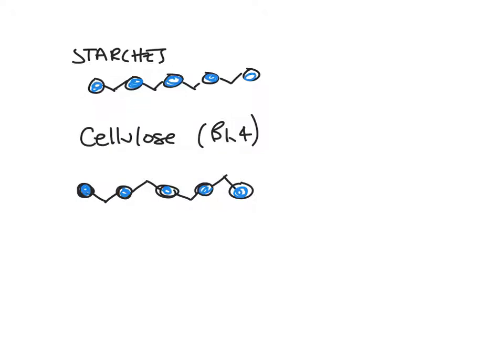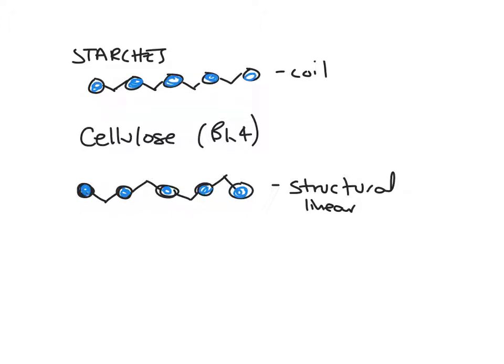And so what happens here is you have a structural molecule and then neighboring cellulose molecules. So if I was to draw it, because it becomes a linear, whereas starches will often coil on themselves.